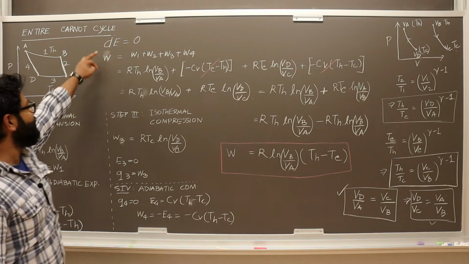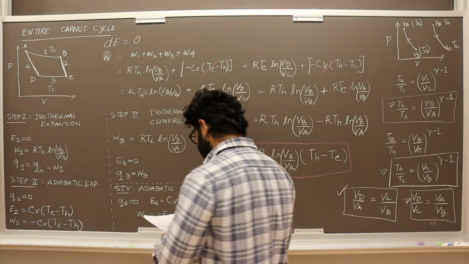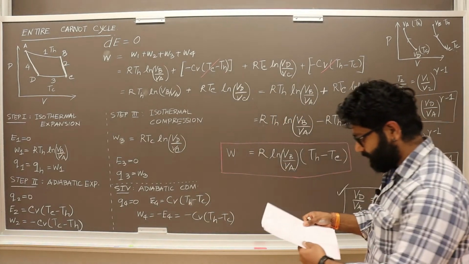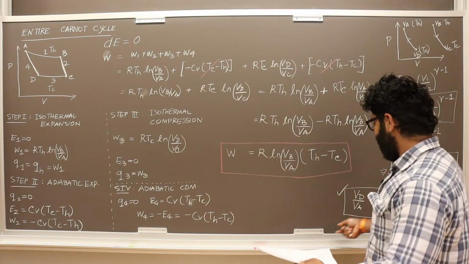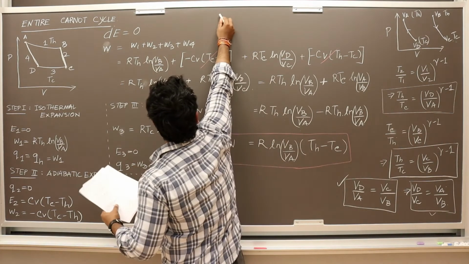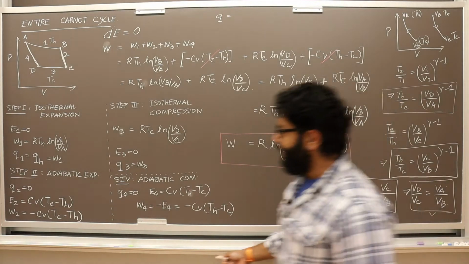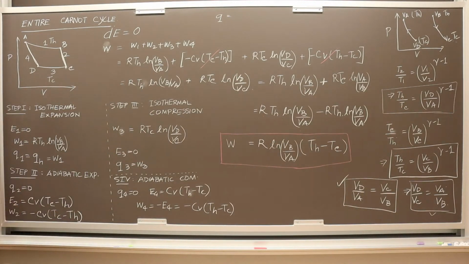Okay, so we got dE, we got W, and what's the net amount of heat that was exchanged, right? So there should be something like Q. We have the Q. There were just two isothermal processes in which heat was exchanged.